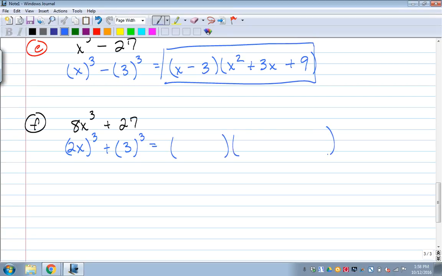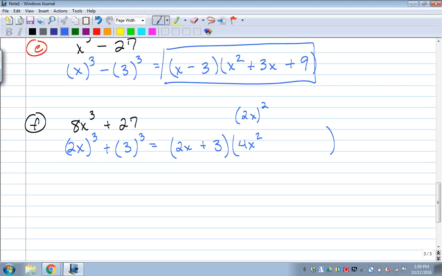What's the short piece? 2x plus 3. What's the first term in the long piece? 2x all squared, which would be 4x squared. Good. Because this is where that's coming from, guys. 2x and then square it.